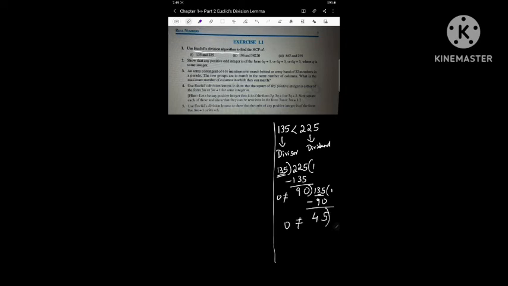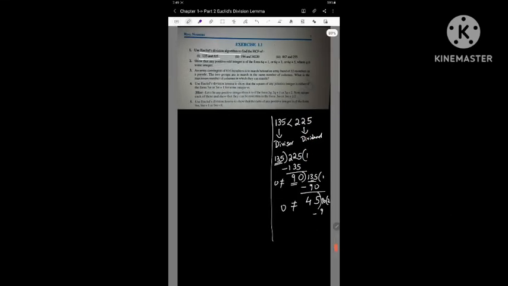So again we continue the process. Whatever the divisor was here, that is 90, will become the dividend here. So 90 we write here, and 45 twos are 90, and here we can see that the remainder equals 0.